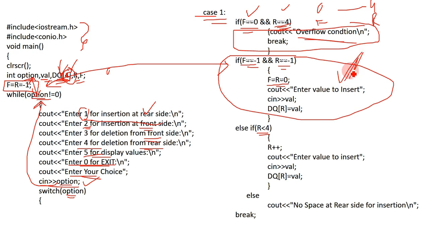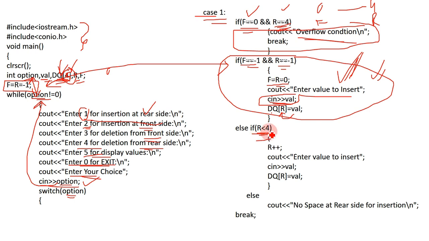When there is no value and you want to insert a value from the rear end or from the front end, assign 0 to the front as well as to the rear, and insert a value. You will insert a value from the keyboard, and that value will be assigned from the rear side. So this is the first time insertion, and this is the normal insertion.